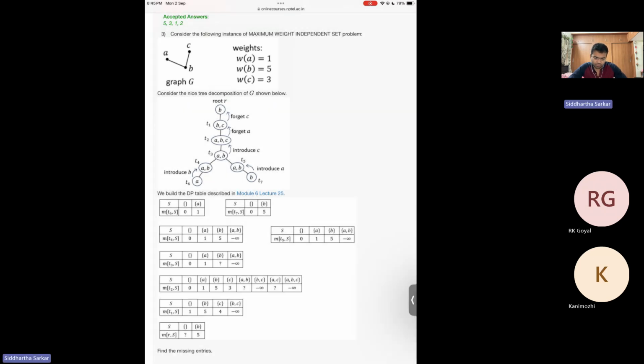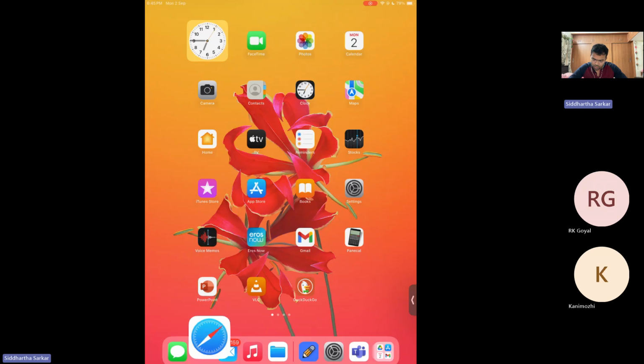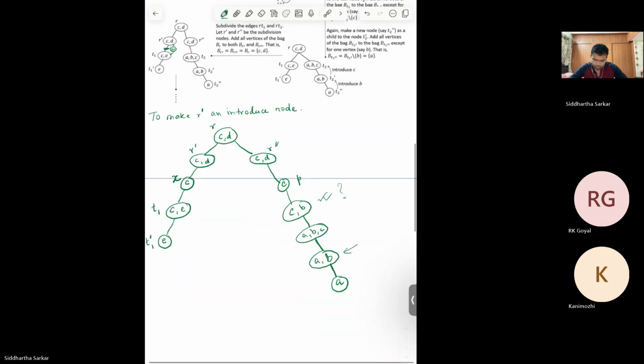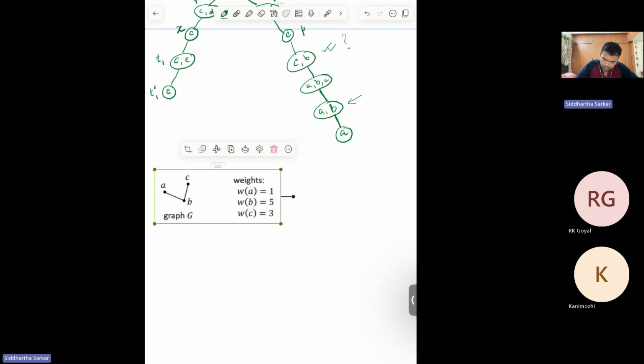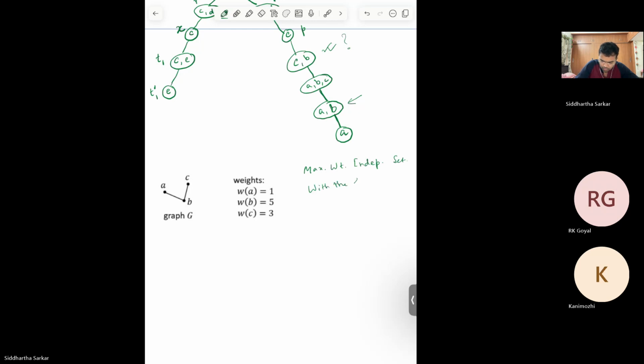This is our input graph, and in this input graph, we want to compute the maximum weight independent set. Although we can look at it and tell that B alone is the maximum weight independent set, we will see it with the help of nice tree decomposition.